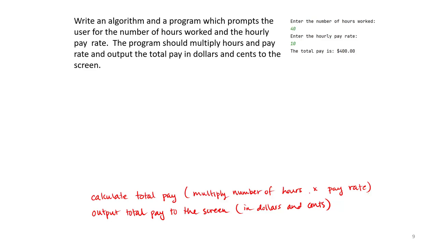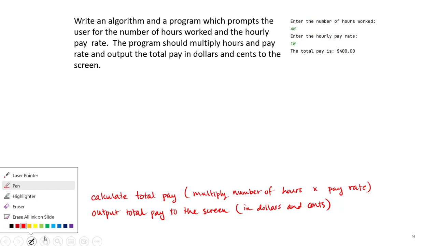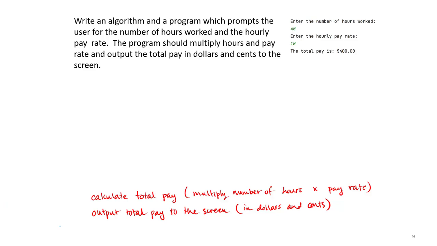Now, where do we get number of hours and pay rate? Well, often in programming, just like in math class, we may use some variables. So I'm going to decide to create some variables named total pay, number of hours. Let's just call it hours worked, and pay rate.